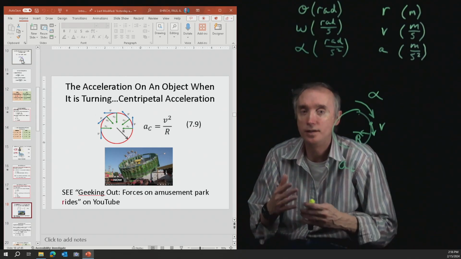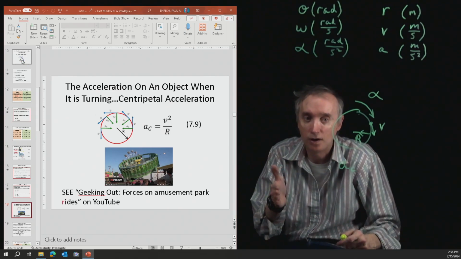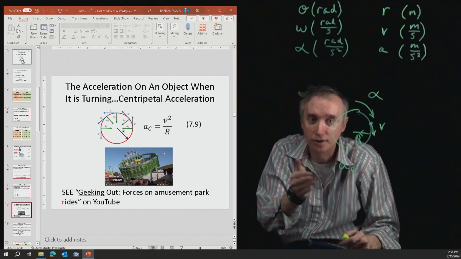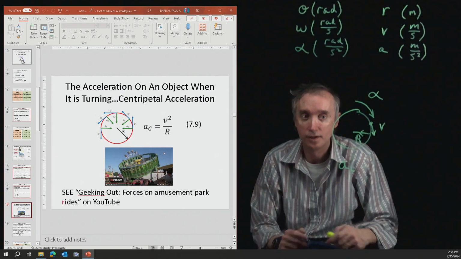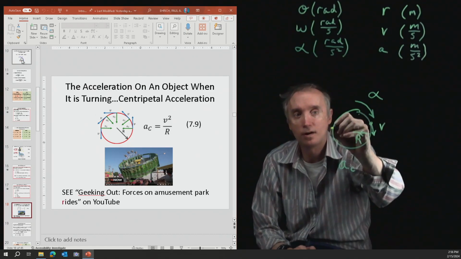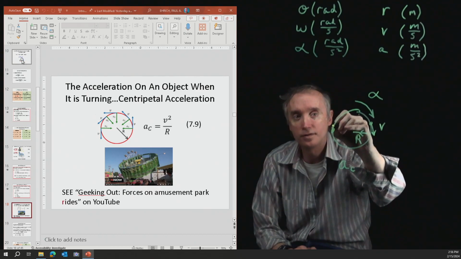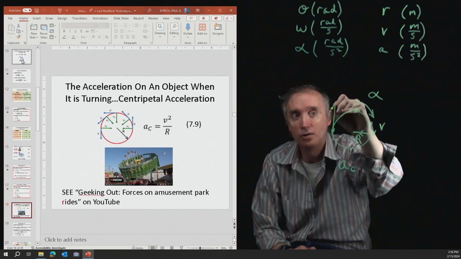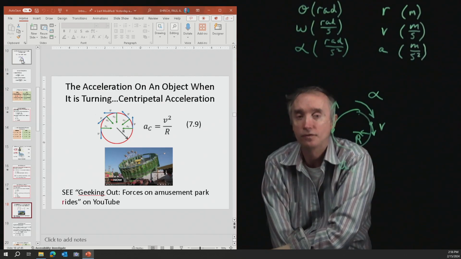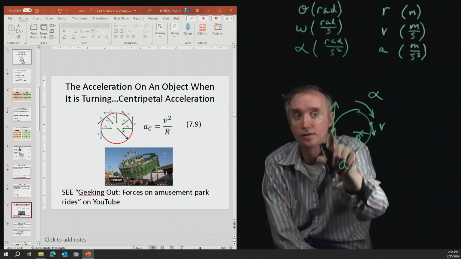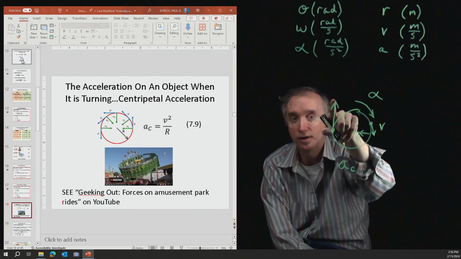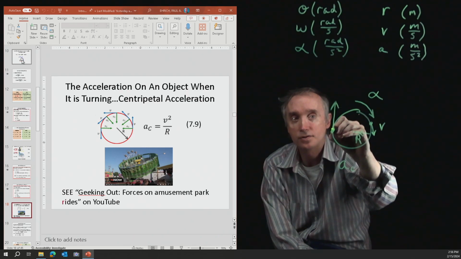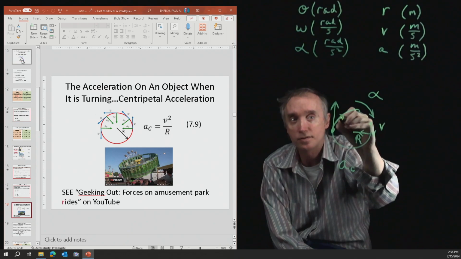What is happening is the car is turning because of the centripetal acceleration. Here's the car. According to Newton's first law of motion, this car wants to go in a straight line, but it's turning.